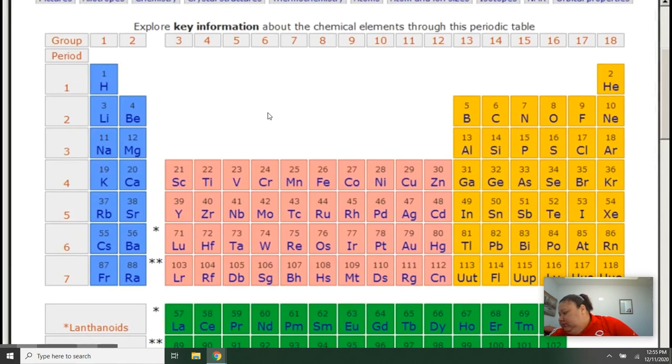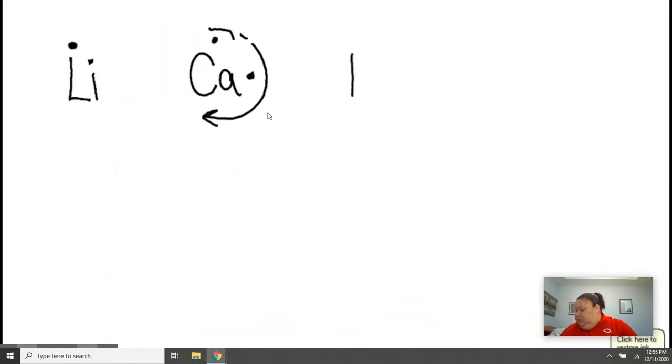Our next example is nitrogen. So we see that nitrogen has 5 valence electrons. Nitrogen. So you go 1, 2, 3, 4, and then you start going around again. 5. Our last example is iodine.